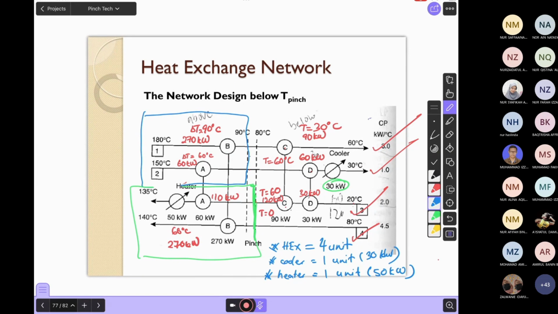Okay, if you look at this, kalau nak tengok heat exchanger yang pertama, let's say the first heat exchanger X1, berapa power dia? Power dia adalah 60 kilowatt. X2, berapa power dia? 270 kilowatt.